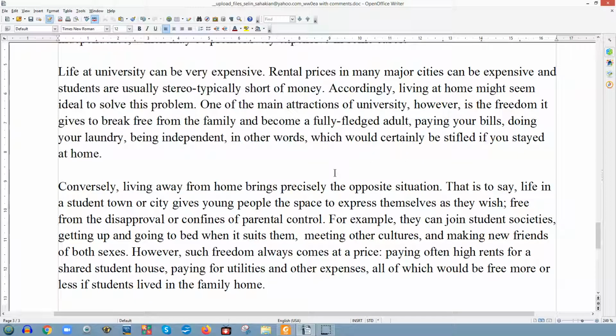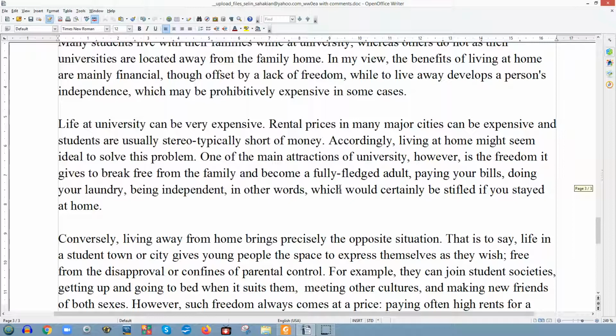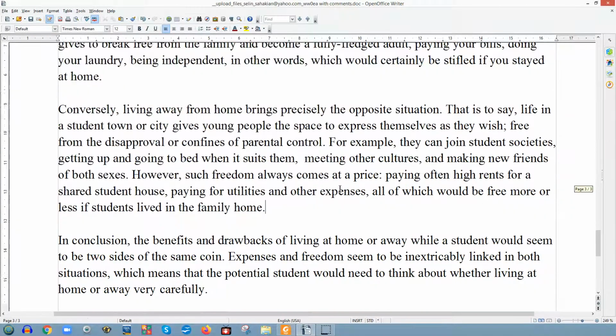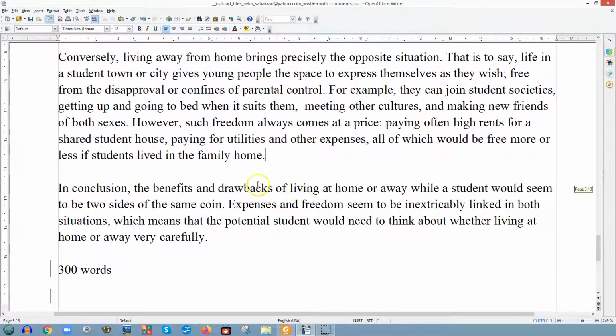There are some I have used a couple of times, but not so many as in yours. So there's more variation in terms of vocabulary. So, in conclusion, the benefits and drawbacks, blah, blah, blah, two sides of the same coin, expenses and freedom seem to be inextricably linked. A potential student would need to think about, blah, blah, blah.